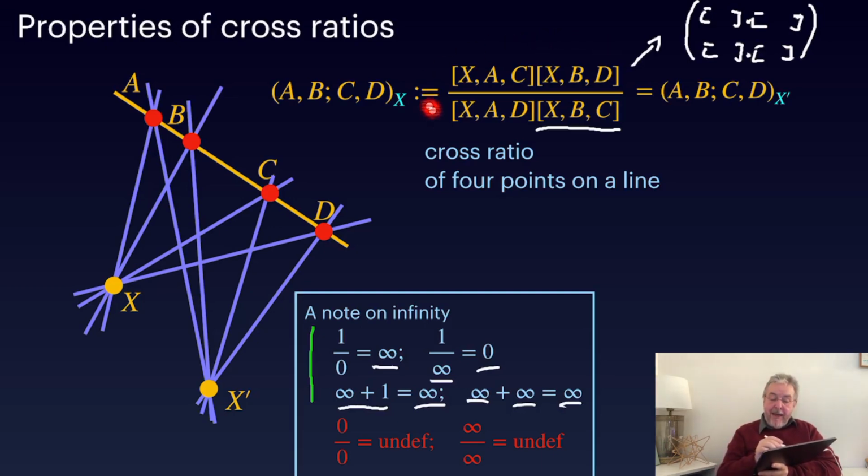So as a matter of fact, these cross ratios can be considered as points on a number line with some point that is maybe infinitely far away. However, even in projective geometry, we said, okay, we don't want to admit vectors that are all 0.